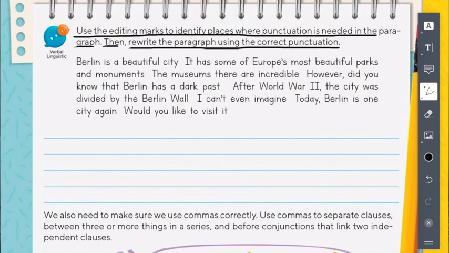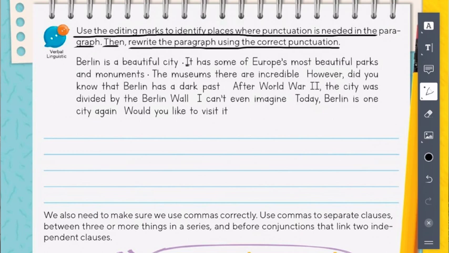Let's start. Berlin is a beautiful city. Is that a sentence? Yeah. So we add a period. Okay? Plus, we can see that here starts with a capital. So we know that we need a period here. Let's continue. It has some of Europe's most beautiful parks and monuments.